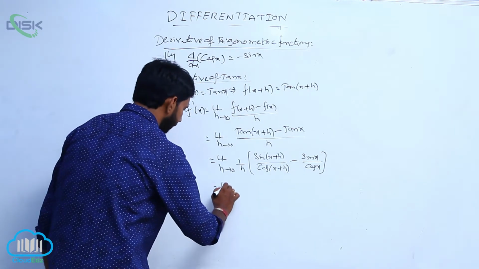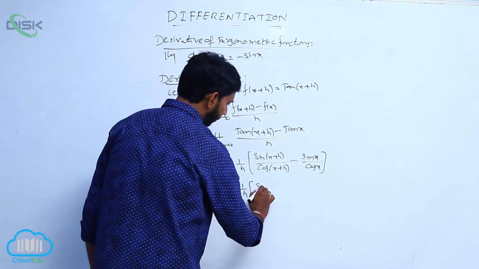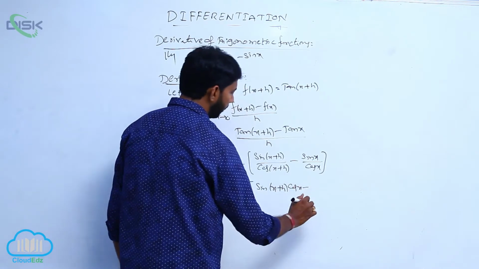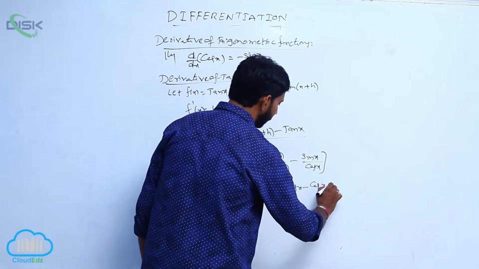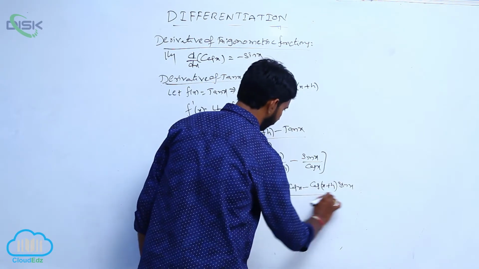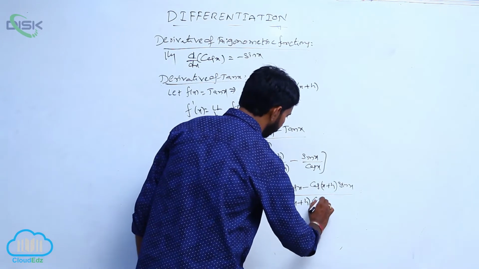Taking LCM, the limit h tends to 0, 1 by h of sin of (x plus h) into cos x minus cos of (x plus h) into sin x, by cos of (x plus h) into cos x.